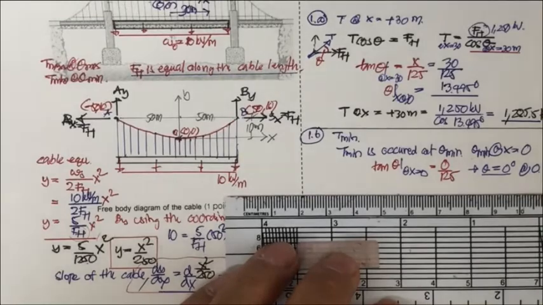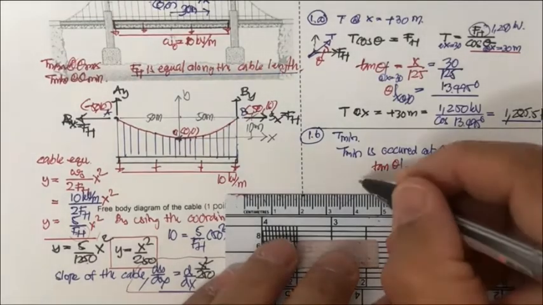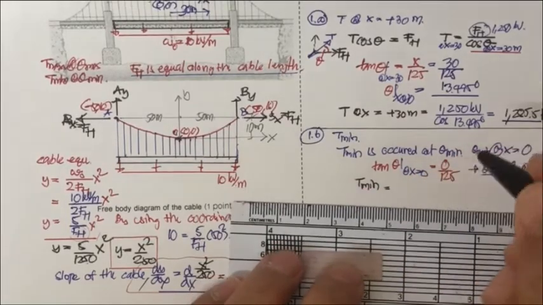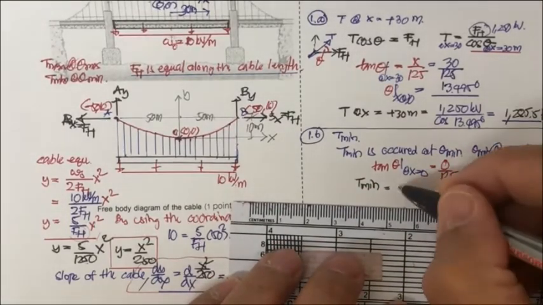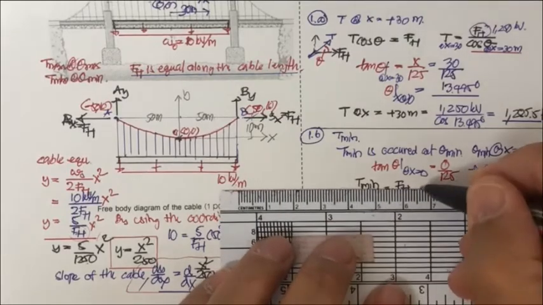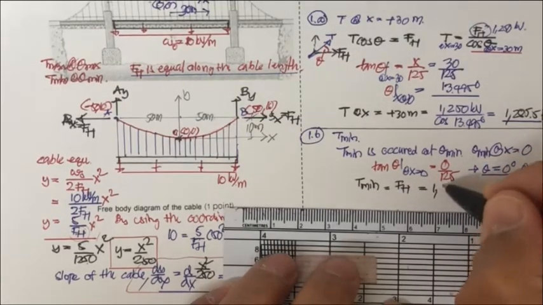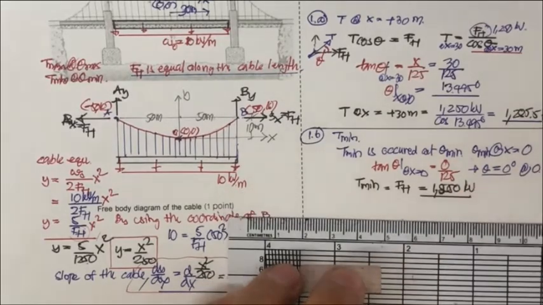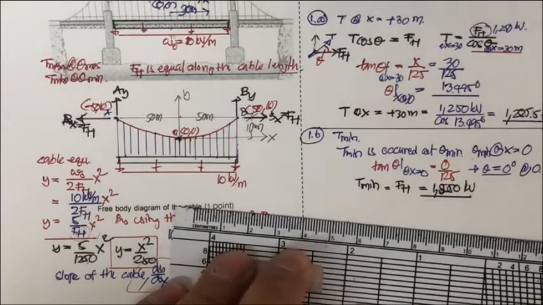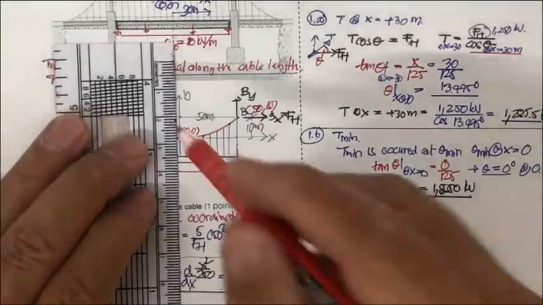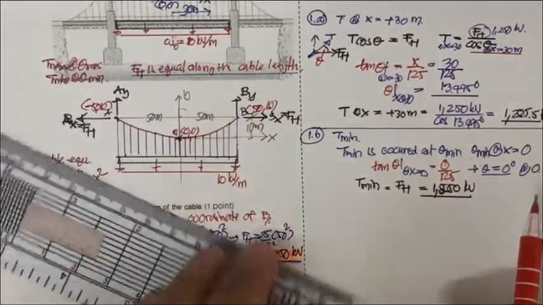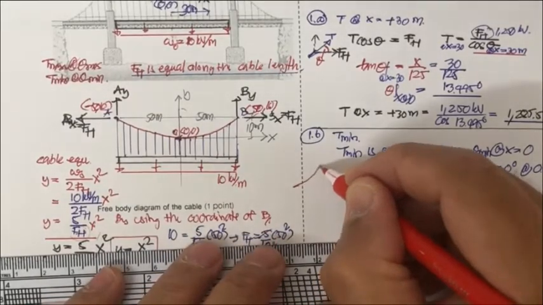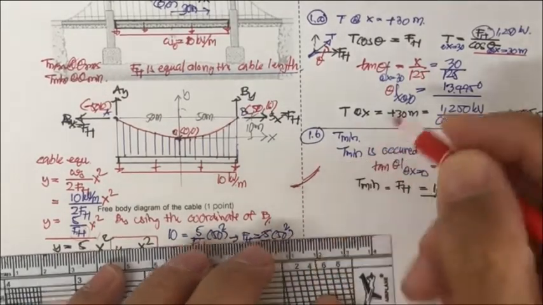So by doing this, you will get T min equal to F sub H, and it's going to equal 1250 kilonewton. And if you like to expand this, you may cut this and draw the free body diagram of this part.